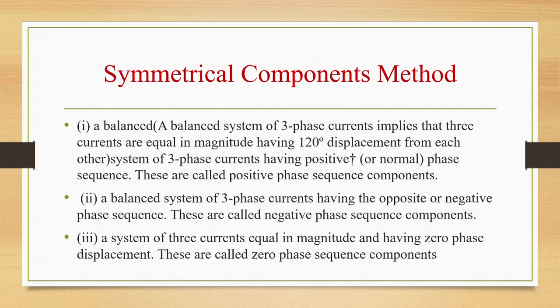So positive phase sequence components, negative phase sequence components and zero phase sequence components. Three are there here. According to the symmetrical components method, any unbalanced system of three-phase currents may be regarded as being composed of three separate sets of balanced vectors, namely positive, negative and zero phase sequence components.